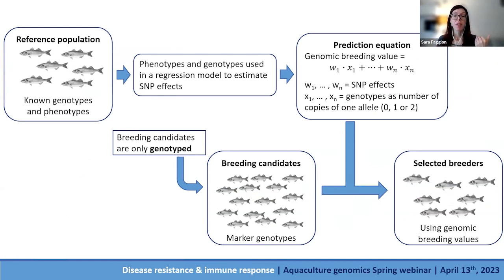I have already shown you that breeding candidates have only genotypes. So we use this prediction equation to calculate the genomic estimated breeding value for the breeding candidates in order to select the new breeders with the best performances in terms of disease resistance.